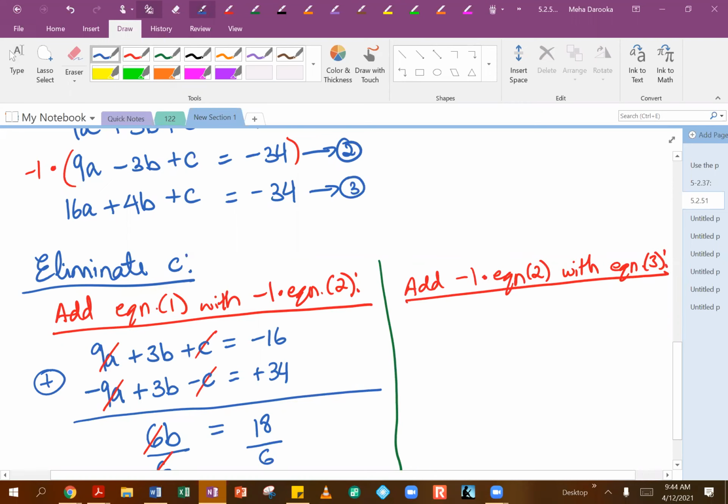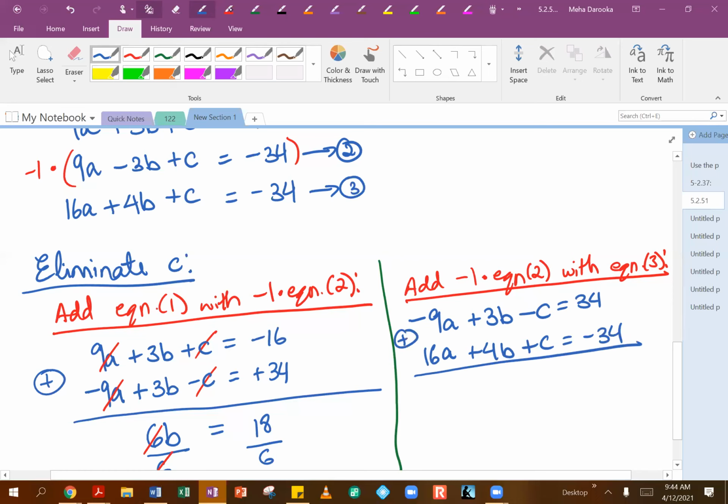So that will again give us -9A, positive 3B, minus C equals positive 34. And then we're keeping equation 3 as it is. So 16A plus 4B plus C equals -34.